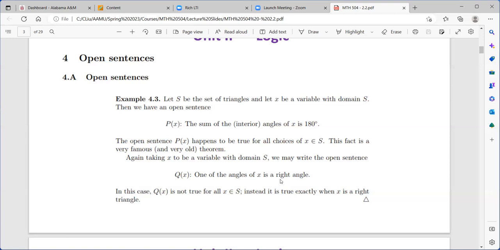So that's not true. All right. So for this statement to be true, the X has to be a special triangle. We call it the right triangle, right? As you know.